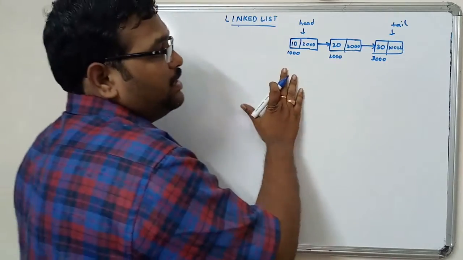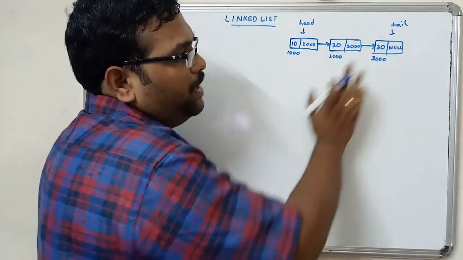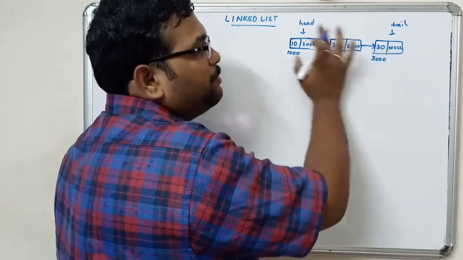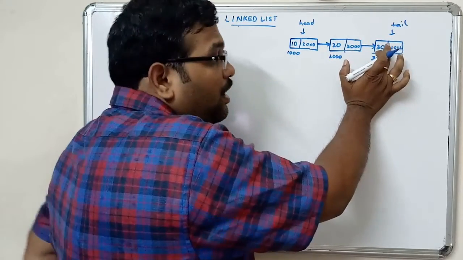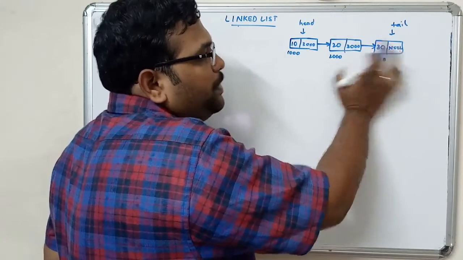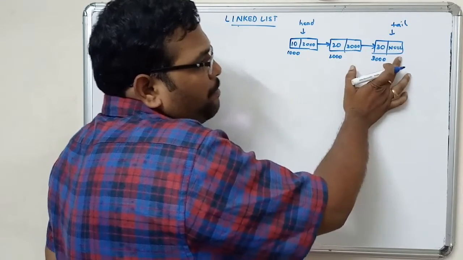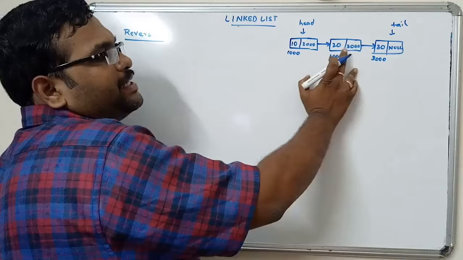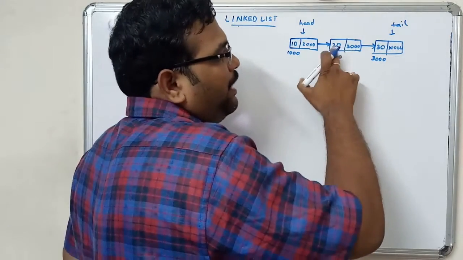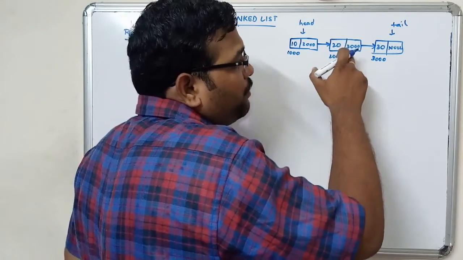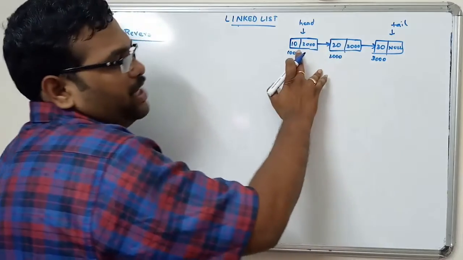So initially the final output should be that 30 will be the first element, that means head will be assigned to 30, and here head of next should be 2000, and next element will be 20, and next of 20 will be 1000, right?